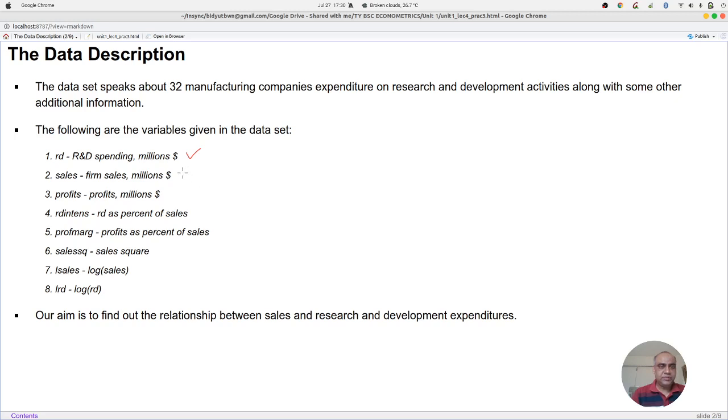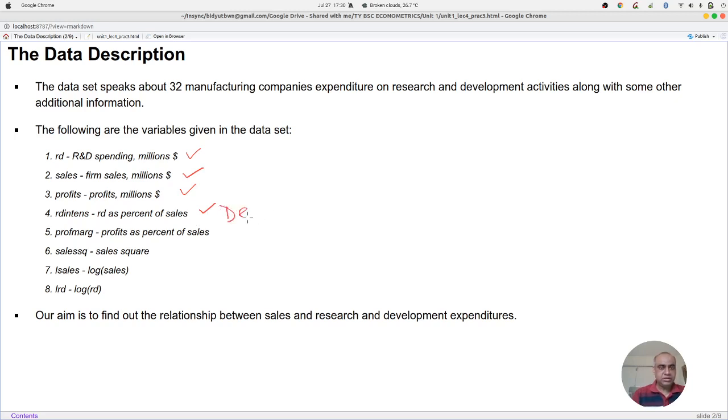Second, the sales of the firms measured in $1 million. Then profits of the firms, and then we have calculated one variable, RD intens, that is the research and development expressed as a percentage of sales, which we are considering as our target variable or dependent variable.